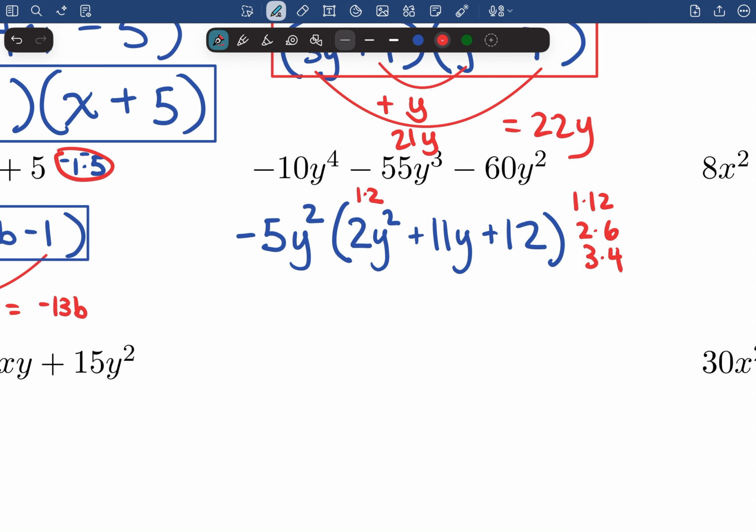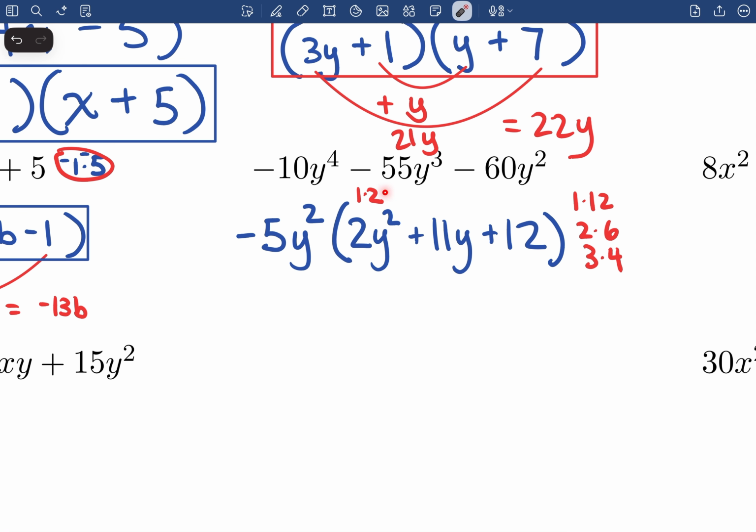Now, I'm going to need to take this set of factors and combine them with one of these sets of factors with the outer and inner terms of foiling to make this middle value 11y, right? To make 11. So how can I take this and one of these to make 11? That's what we have to figure out.